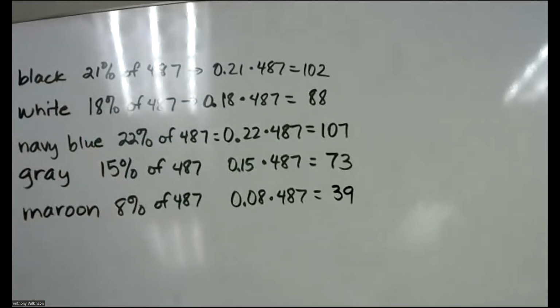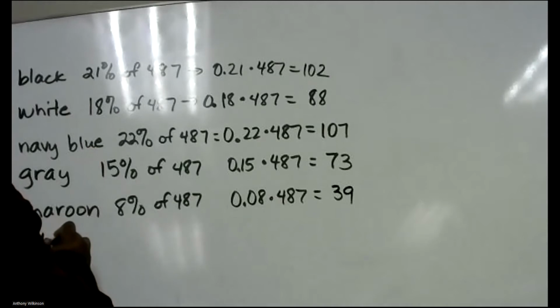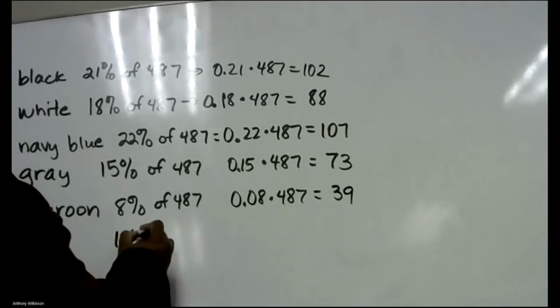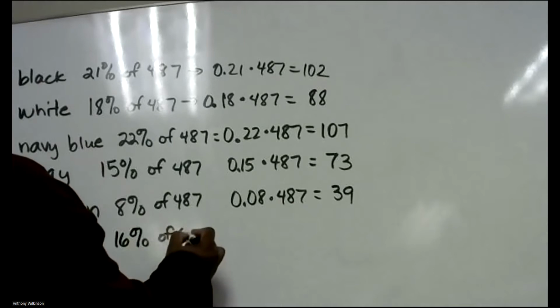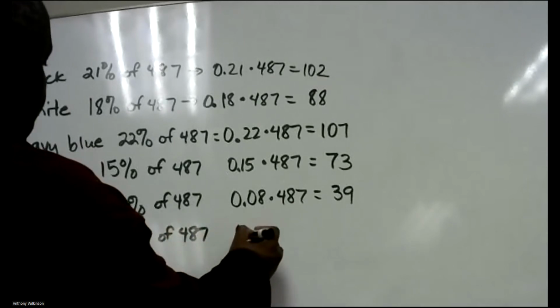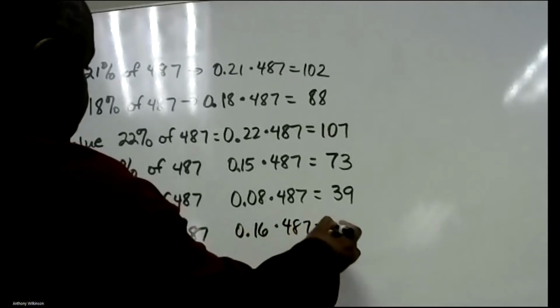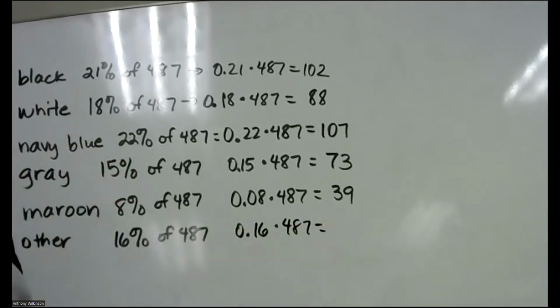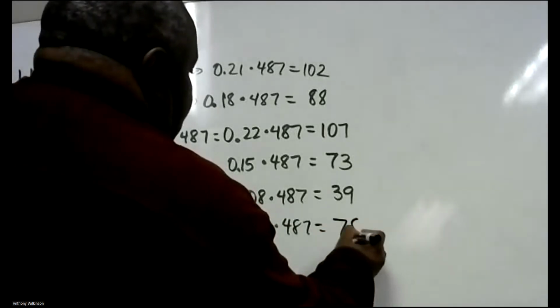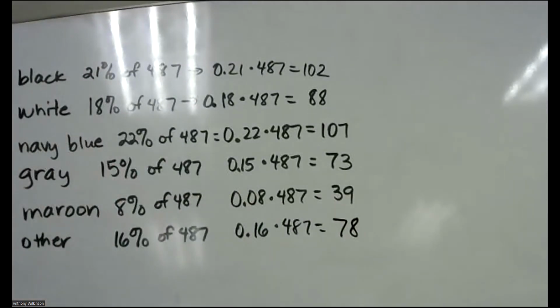And then finally, for other it will be 16%, so 0.16 times 487, 78. So that's how we can interpret a pie chart or a circle graph.